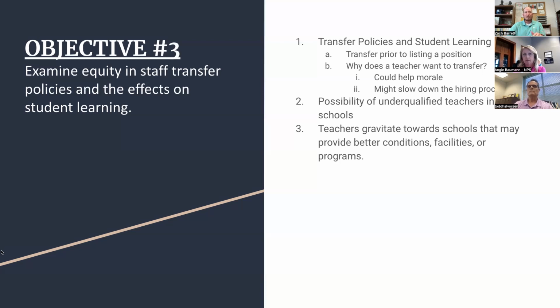One of the things you might run into in your district is people wanting to go to, say, the newest elementary school in the district, and your more qualified teachers will be going for those positions, which then leaves the openings at the other building, where you may have to hire some younger or inexperienced, or maybe not as quality teachers.